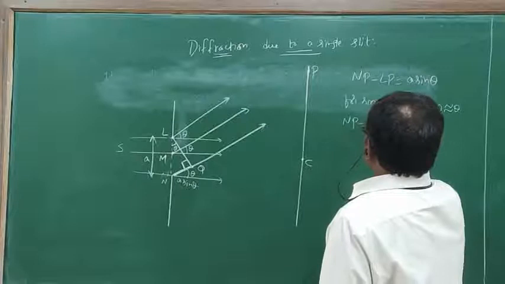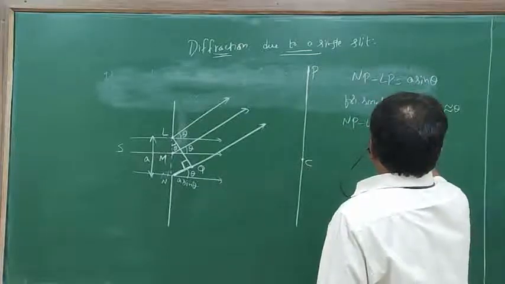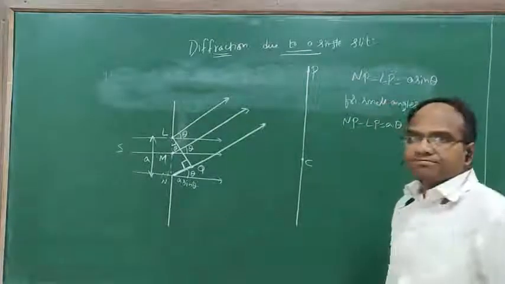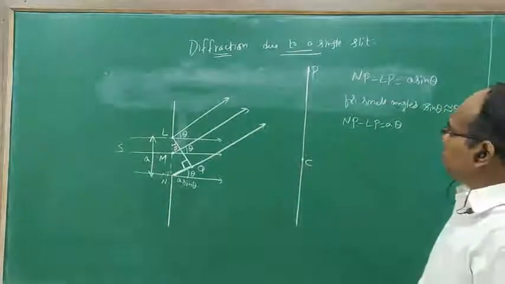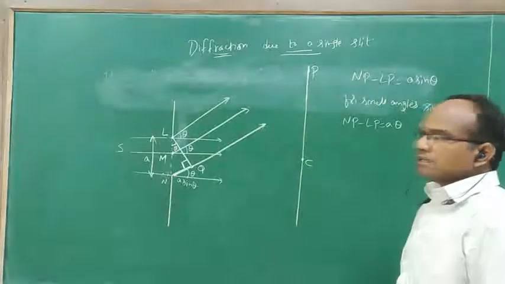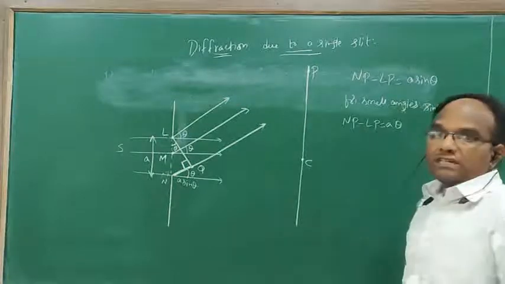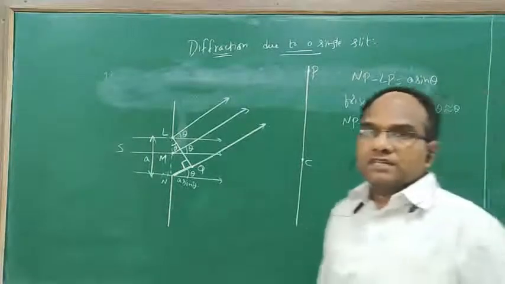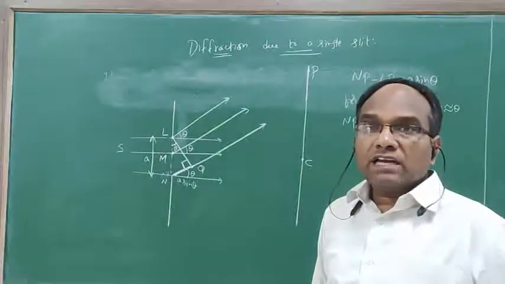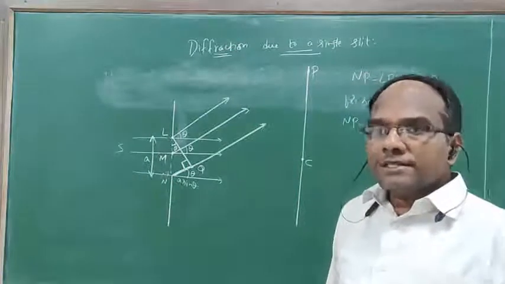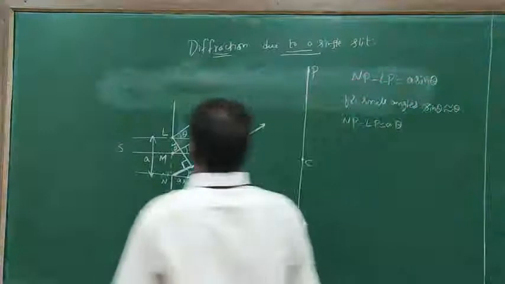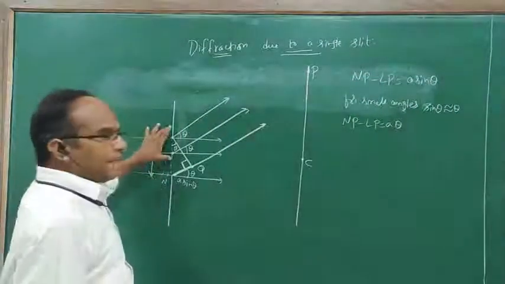NP minus LP is equal to A into theta. Now, what is the path difference? NP minus LP is nothing but, what is the formula? N lambda.